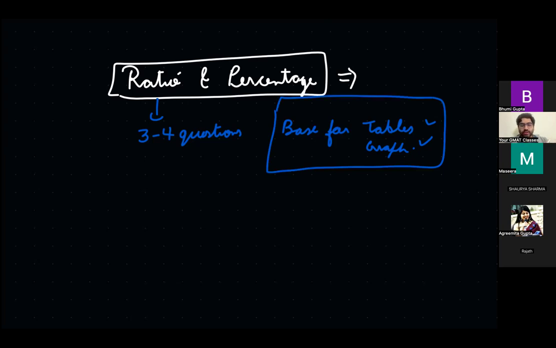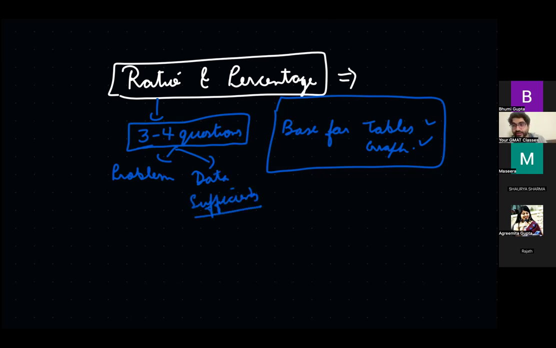In ratio and percentage, you have 3 to 4 questions asked, both MCQ only, either in problem solving type or in data sufficiency. We will explore in more detail how to solve the data sufficiency questions that you get in the data insight section.